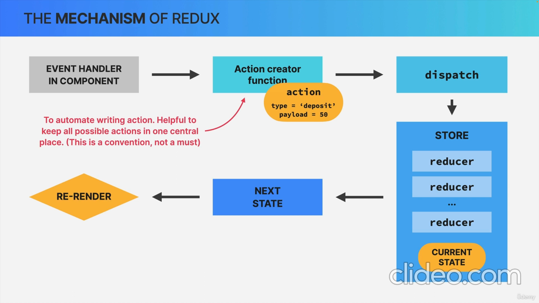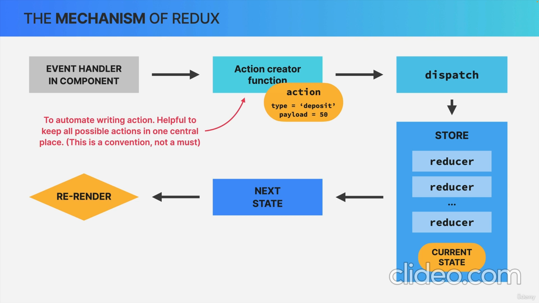This has the advantage to keep all actions in one central place, which reduces bugs, because developers don't have to remember the exact action type strings. Just note that this is optional and not a feature of Redux. It's just how we build real-world Redux apps. Then the rest of the process is of course just what I explained before.